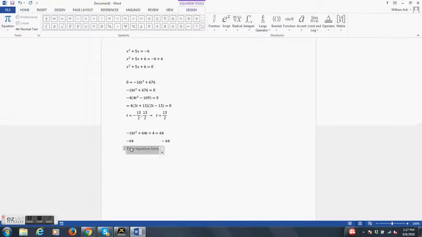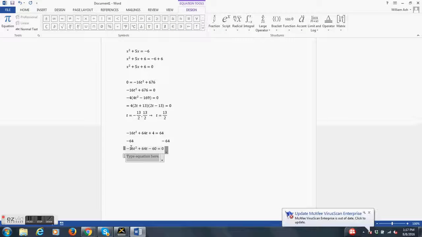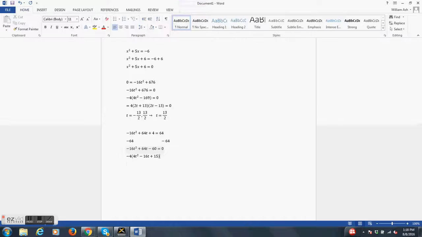And I get negative 16t squared plus 64t minus 60 equals 0. I guess you can bring the negative 4 out. Watch your signs. Still equals 0.